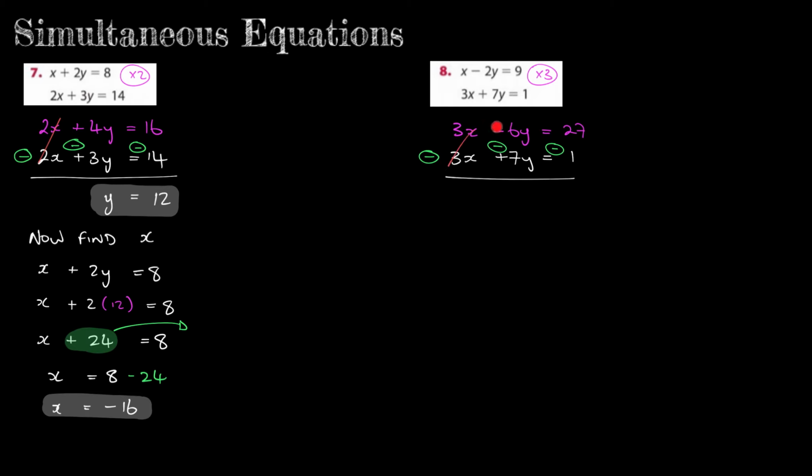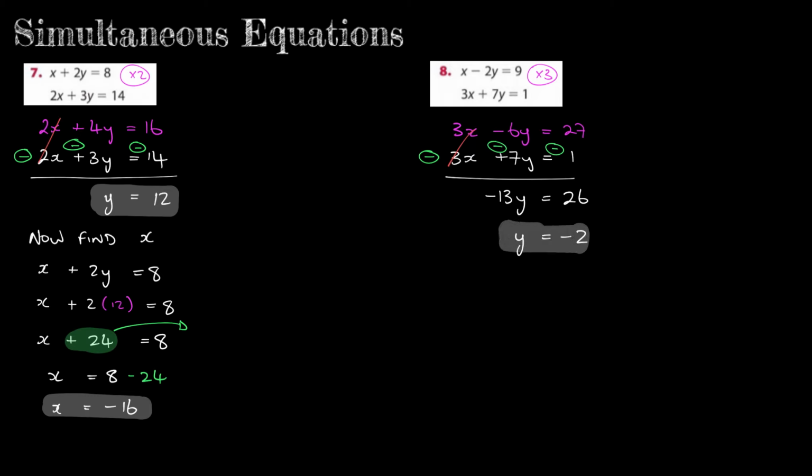If I have negative 6y, and I subtract a further 7, it's like if you owe the bank €6 and you borrow 7 more, you'll be left with negative 13y is equal to 26. So to find out what 1y is, we divide both sides by negative 13, and that will give us negative 2. So that is our y value.